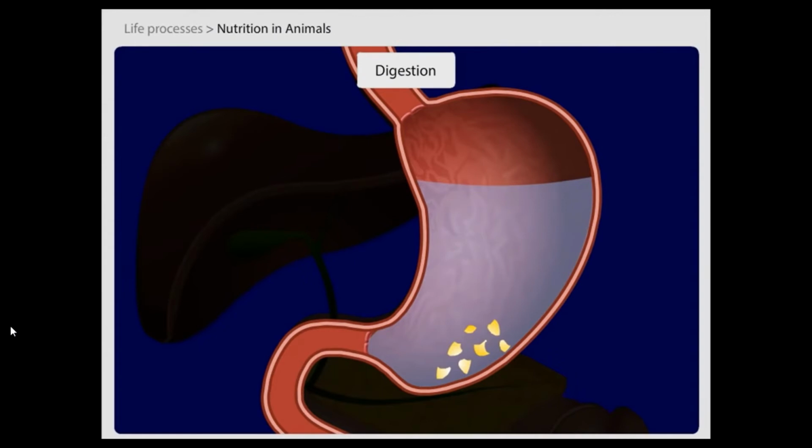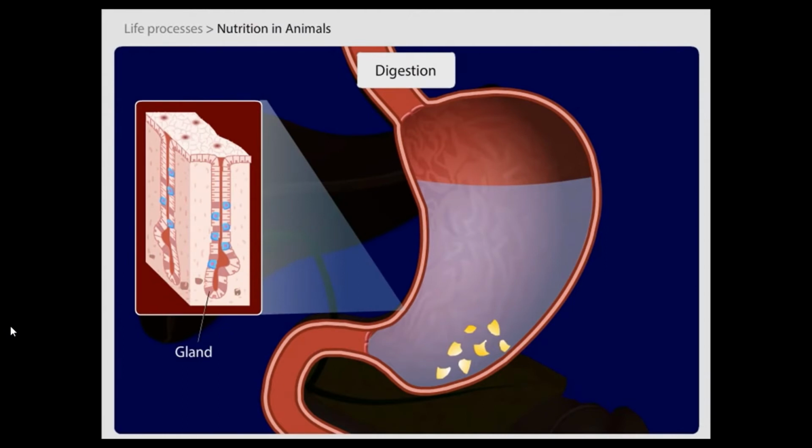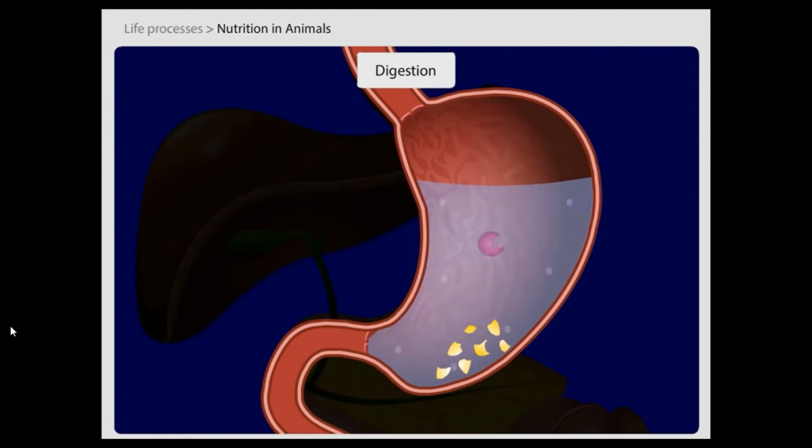The glands present in the wall of the stomach secrete gastric juice. The gastric juice contains 3 substances: hydrochloric acid, the enzyme pepsin, and mucus.